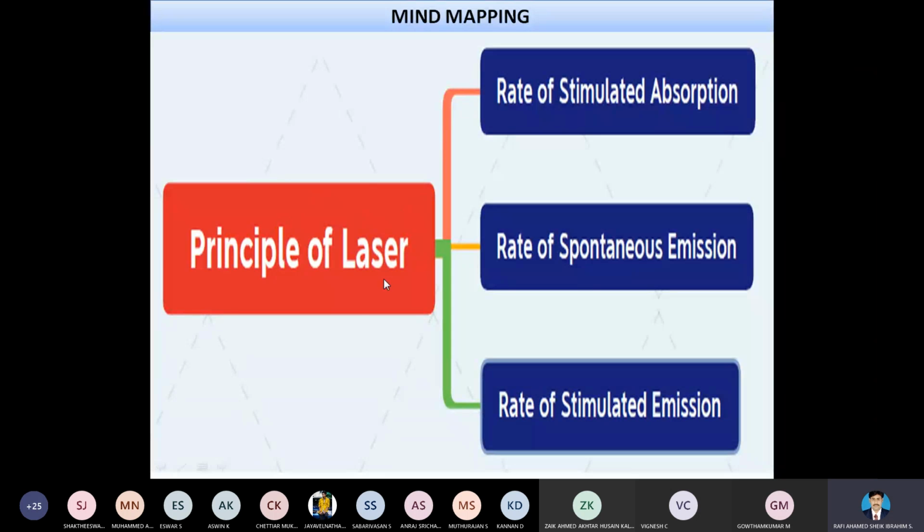The total theory is explained with 3 stages. First stage is the rate of stimulated absorption. Second stage is the rate of spontaneous emission. Third stage is the rate of stimulated emission. We are going to consider 3 stages to describe the principle of laser.